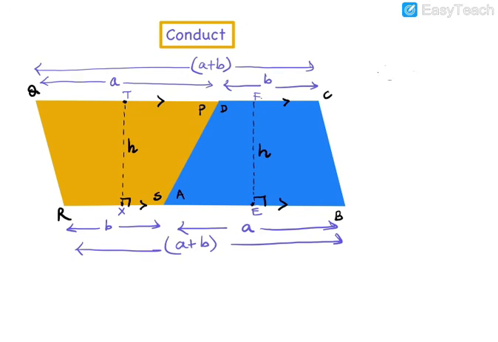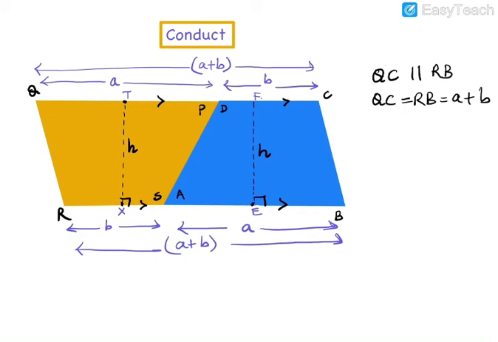So we can conclude that in this quadrilateral QC is parallel to RB, and QC is equal to RB as both these sides are A plus B. So we have shown in this quadrilateral RBCQ one pair of opposite sides is parallel and equal.